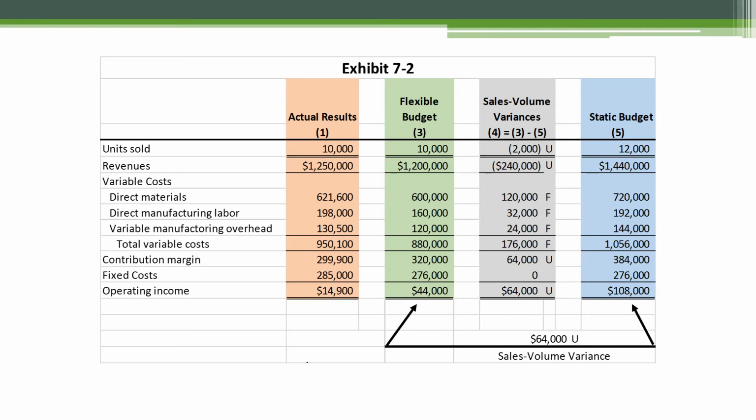The budgeted amount in the flexible was 276. So our difference is zero. When you add all these up, we have a favorable total variable cost of $176,000, but we have an unfavorable revenue variance of $240,000, which gives us our $64,000 unfavorable sales volume variance.